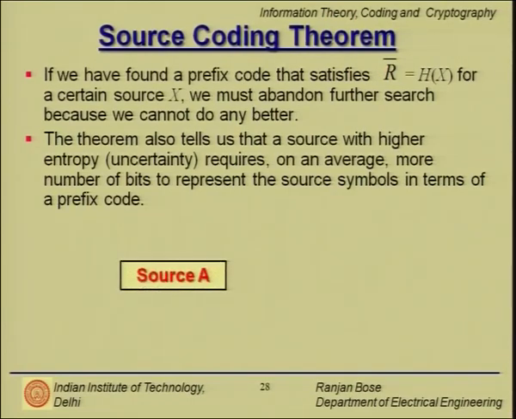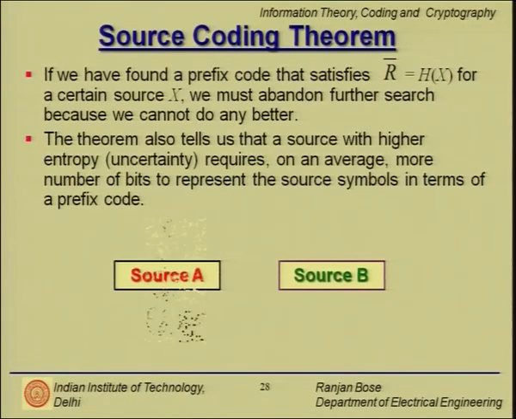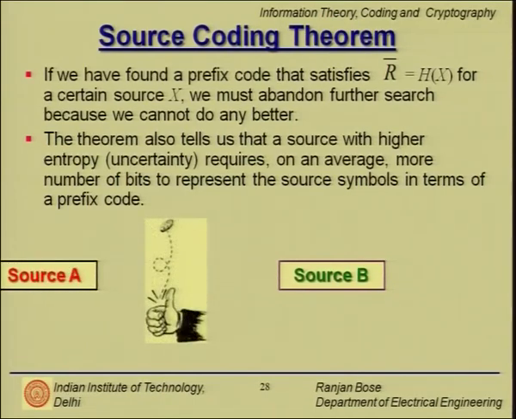So, let us take an example. I have source A and I have source B. What is my source A? We take our favorite example, a person tossing a coin, and let us say he is tossing a fair coin. So, 1, 0, 0, 1. How does he give these answers?